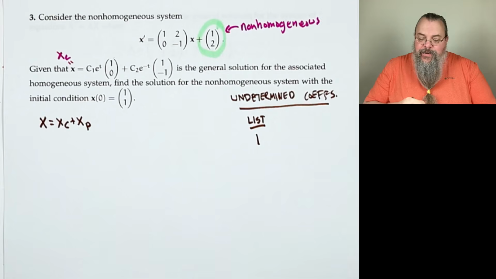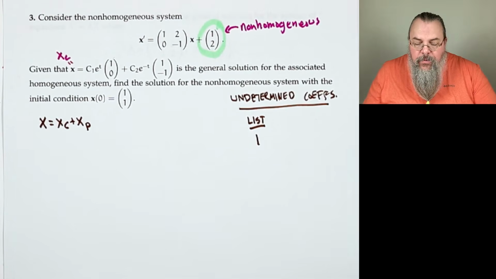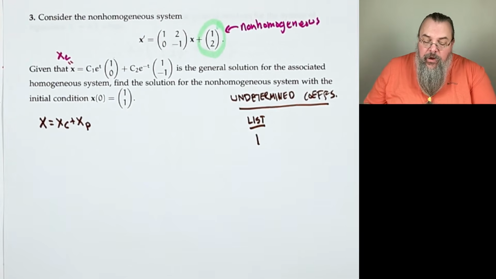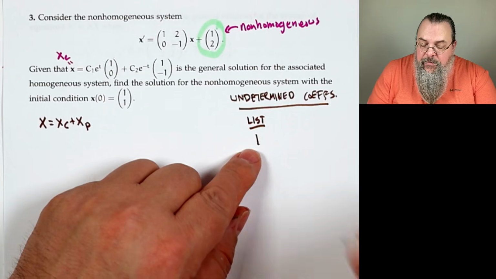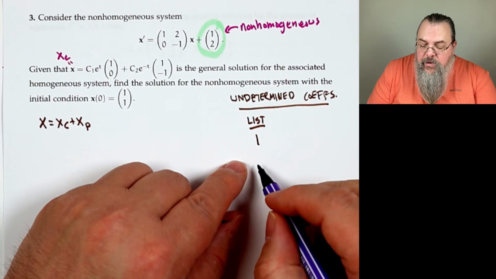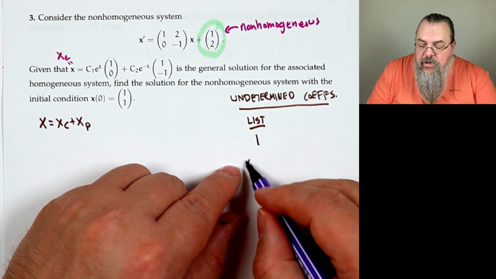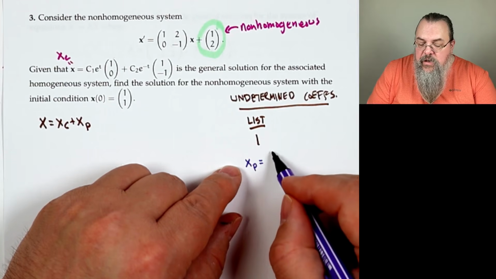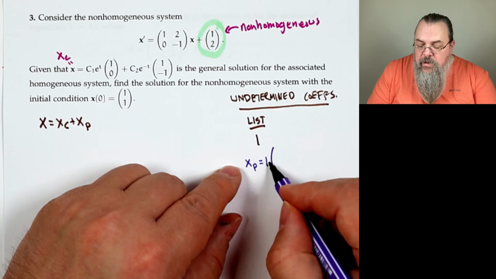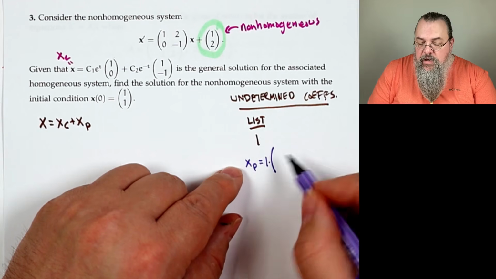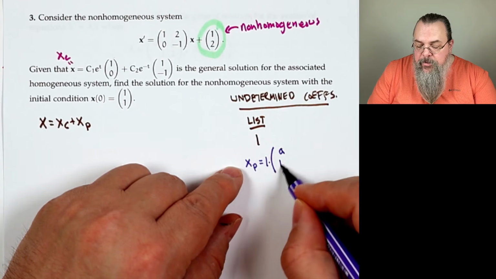Nice. So we don't have to worry about it. So now we're like, okay, so what do we do? Well, now that we have our list, our particular solution looks like something of the form 1, right? Take the function times a vector here, [a; b].